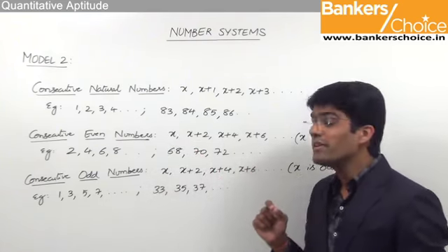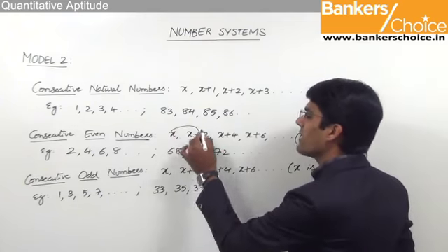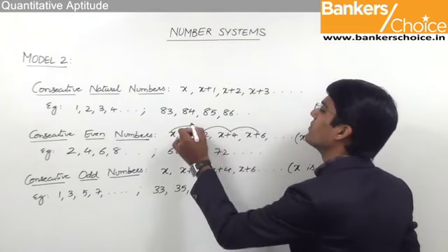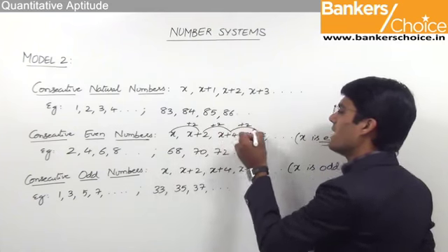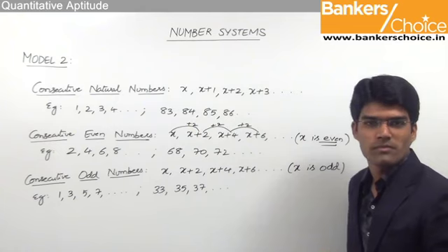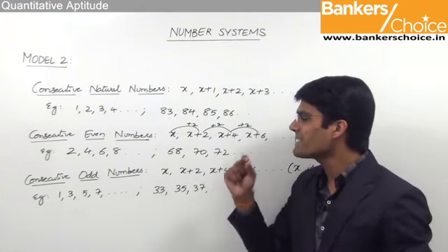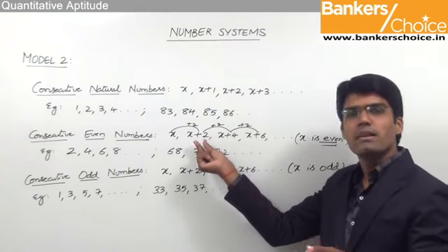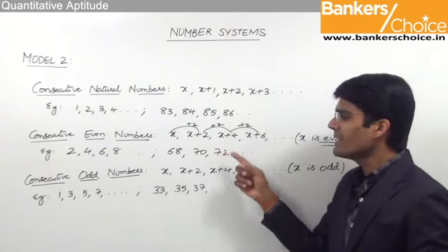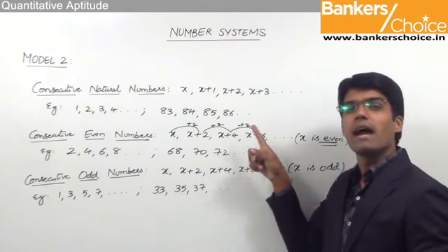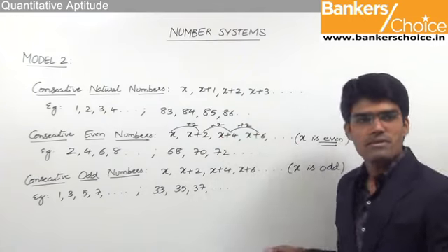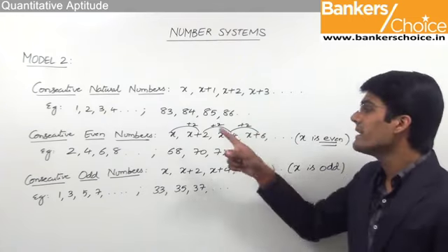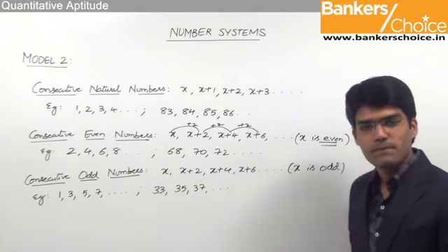So the point to be observed here is in between two consecutive even numbers, the difference is always 2. Plus 2 will give the next one. Again plus 2 to this will give the next one. Again plus 2 gives the third one and so on. So that is the reason if the first number is x, then the next number should be taken with an addition of 2. Again the third number has to be taken with the addition of 2 on the second number and so on. So x, x plus 2, x plus 4, x plus 6 forms consecutive even numbers provided the first number x is even.